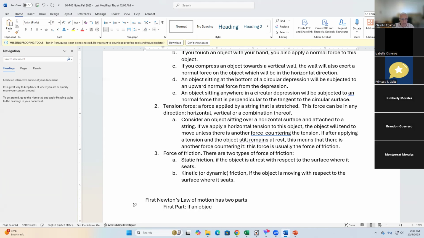If an object is at rest, the net force applied to this object is zero. Okay? Think about that.